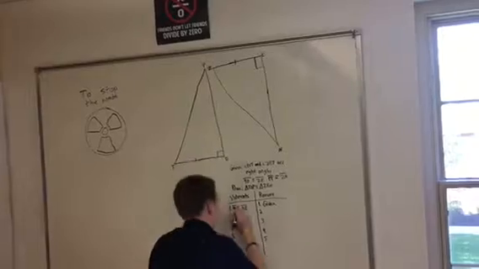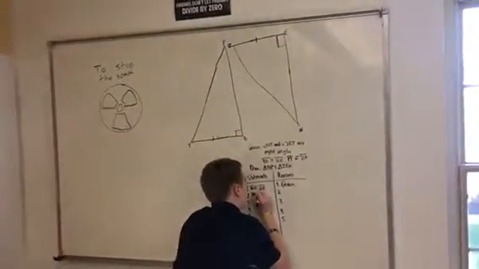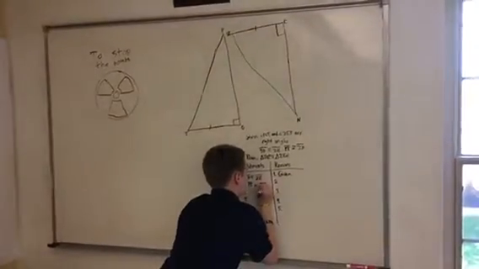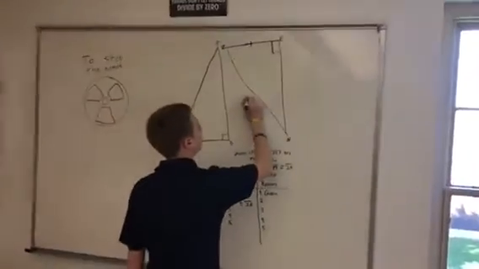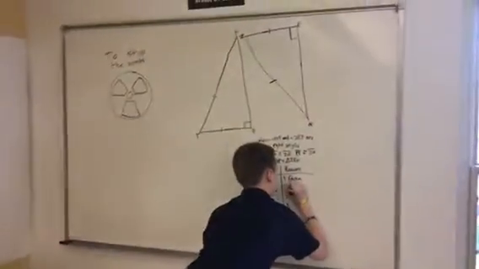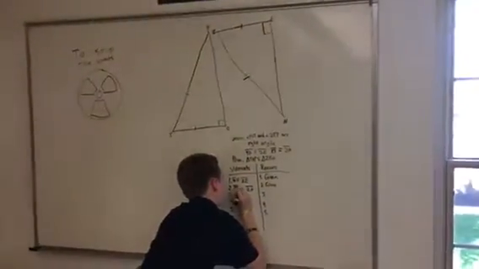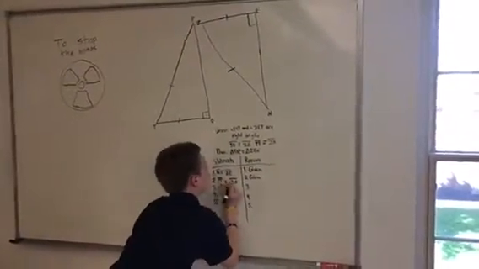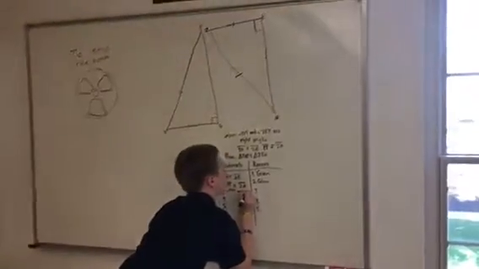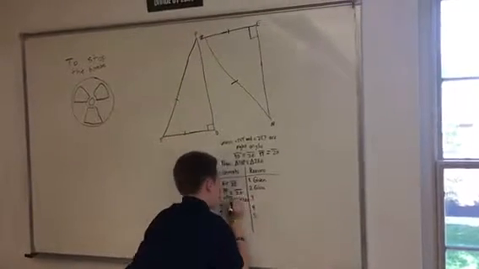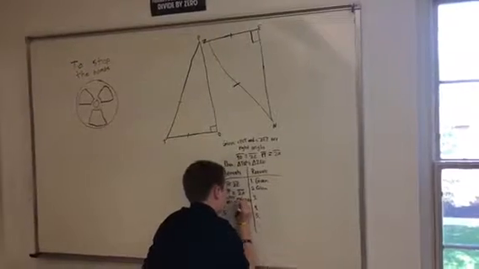Segment PT is congruent to segment ZN, also given. And angle POT and angle ZET are right angles.